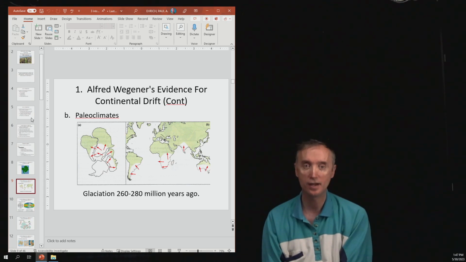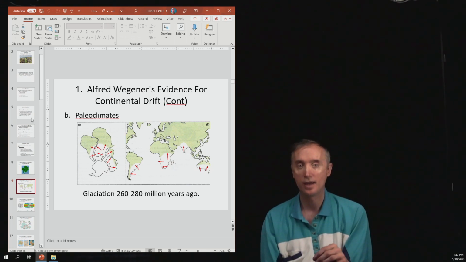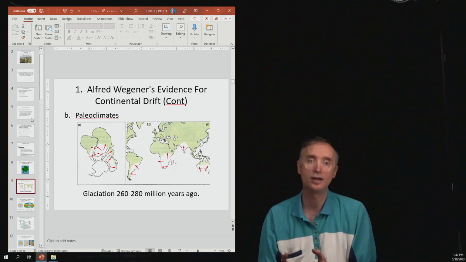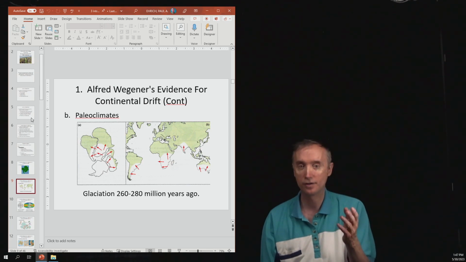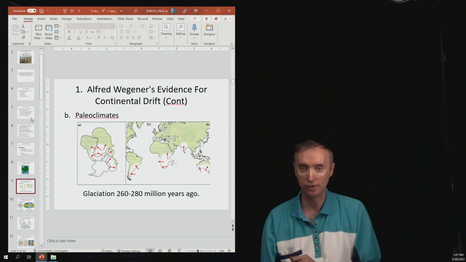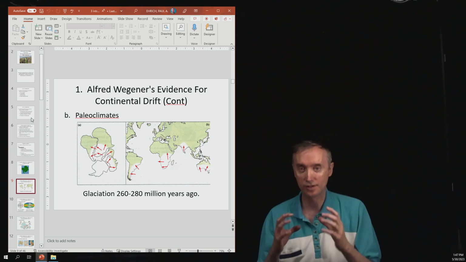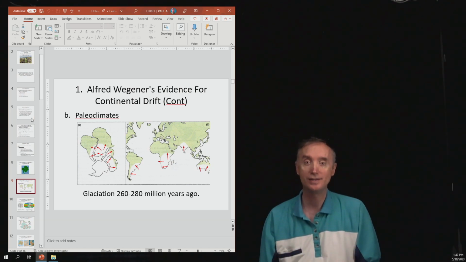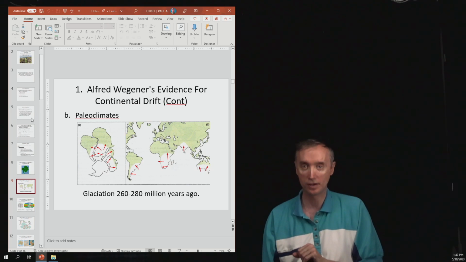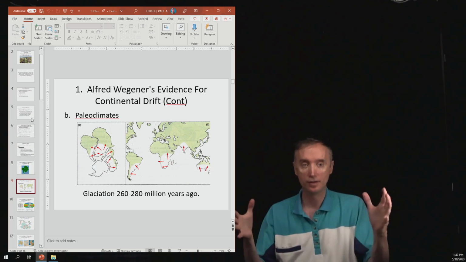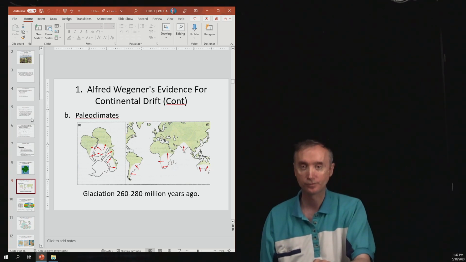And so if you take all of those continents, you can put them back together again to show where that ice was coming from. And so this was 260 to 280 million years ago. You don't need to know that date, but in the past, those continents were together and there was an ice age, which resulted in those parts of those continents being covered in ice, and then later they all broke apart.